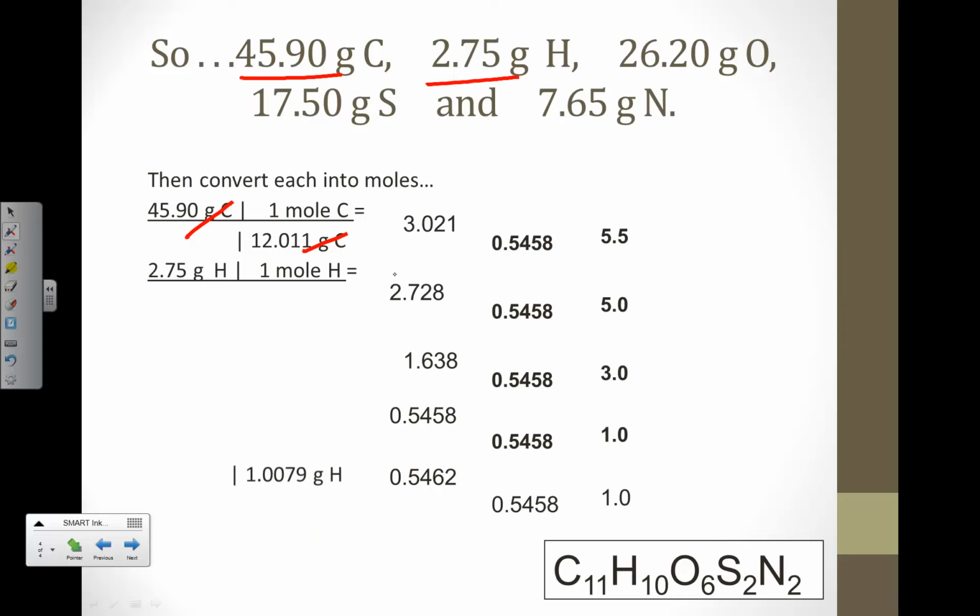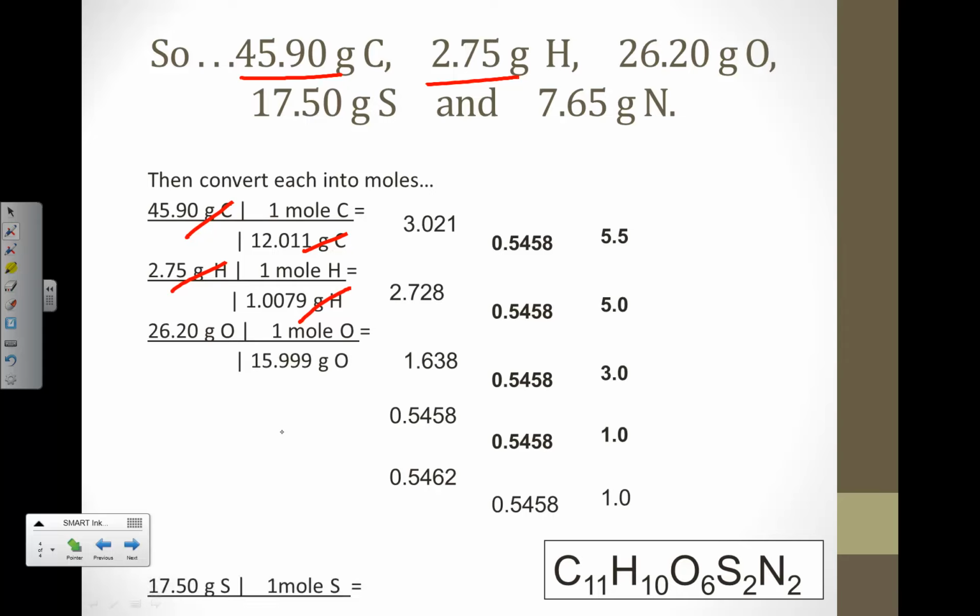And we do the same thing for hydrogen, making sure our units cancel so we are left with moles. That equals 2.728 moles of hydrogen. And we carry on, converting grams to moles so we can compare all of those, and so on.